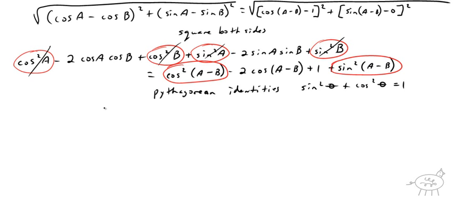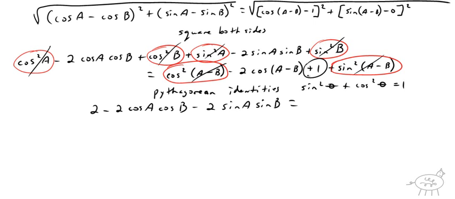Those are just ones each. So I really have 2 minus 2 cosine of A cosine of B minus 2 sine of A sine of B equals, and this guy here, that's 1 plus a 1 here, so that's 2 minus 2 cosine of A minus B.